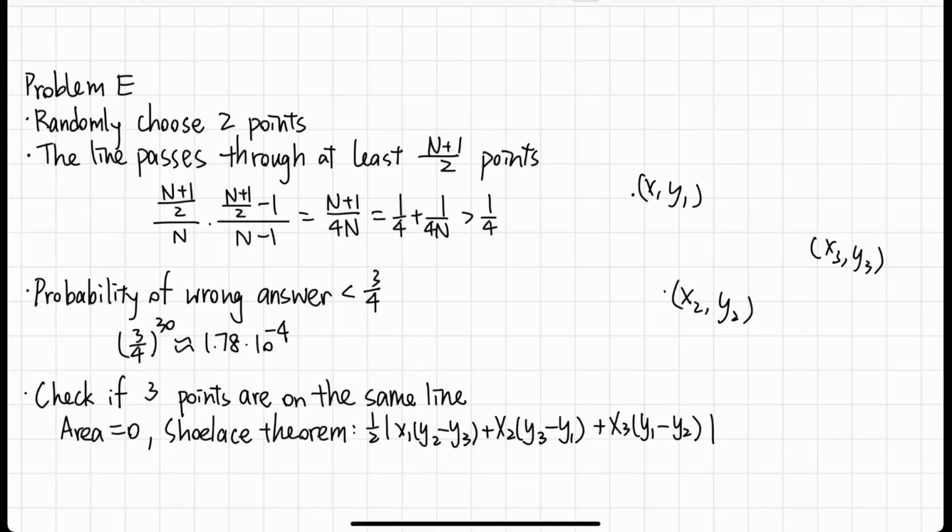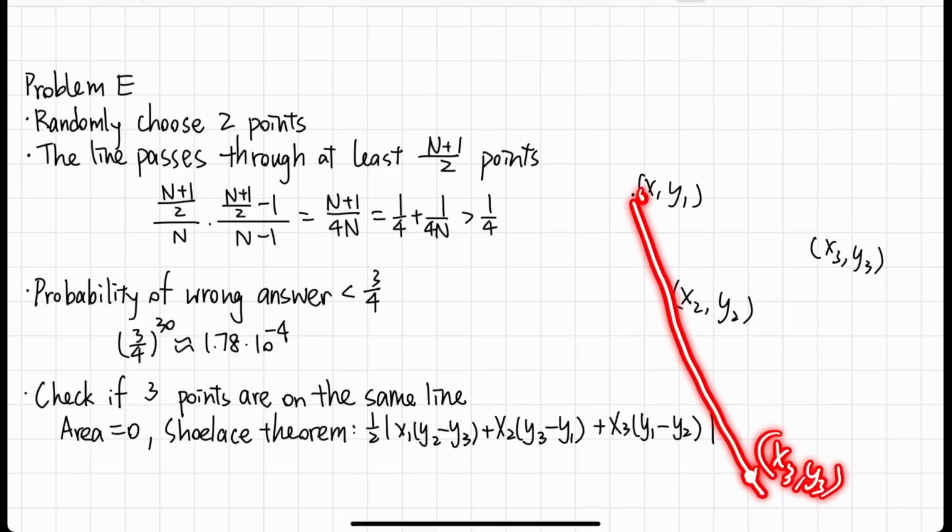So suppose these 3 points are on the same line, then it would be something like this instead of this. So that means if x3, y3 was here, then the area would be equal to 0. So that's why we can check the area.